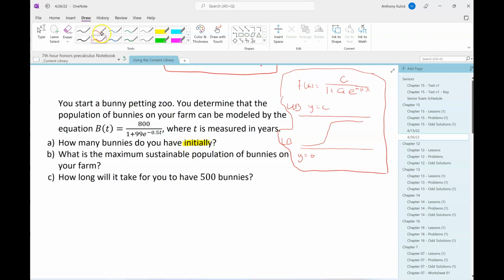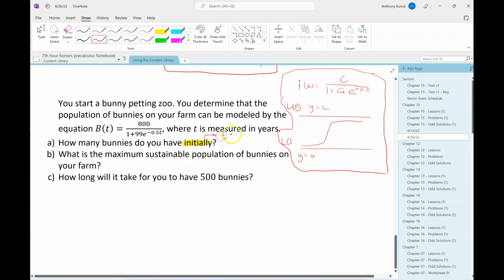So how many bunnies do you have initially? What value of t does initially imply? 0 is correct. You were starting to say it. Yeah, so initially it would be before anything happens. That would be at time 0. So all we're going to do is do b of 0.